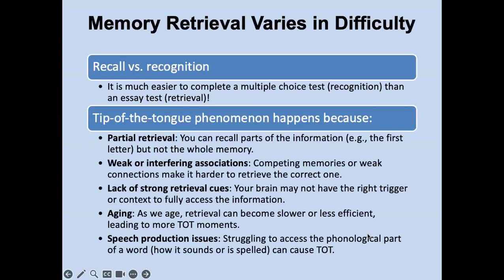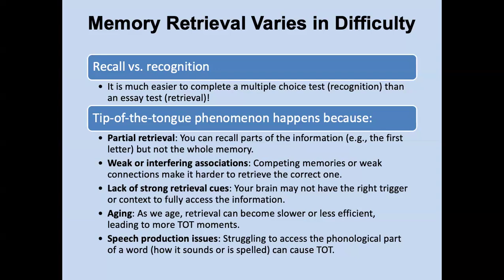So retrieval. Recall and recognition. Retrieval can be easy or it can be hard. And when you have to only recognize something versus come up with it whole cloth without any or minimal cues, that's a very different task. So when instructors say, I don't give multiple choice exams because it doesn't test anything, it doesn't mean anything, what they're talking about is that recognition is far easier than retrieval.